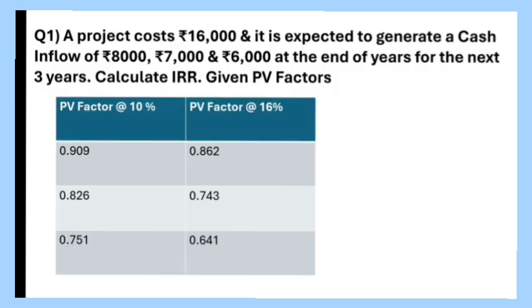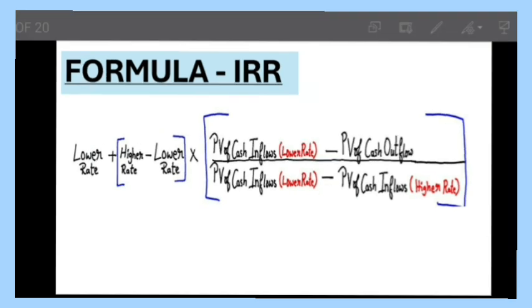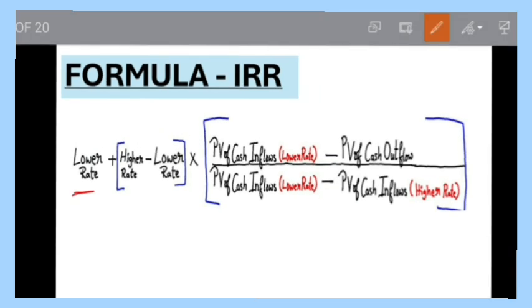Lower rate plus higher rate minus lower rate into present value of cash inflows at lower rate minus present value of cash outflows, divided by present value of cash inflows at lower rate minus present value of cash inflows at higher rate.